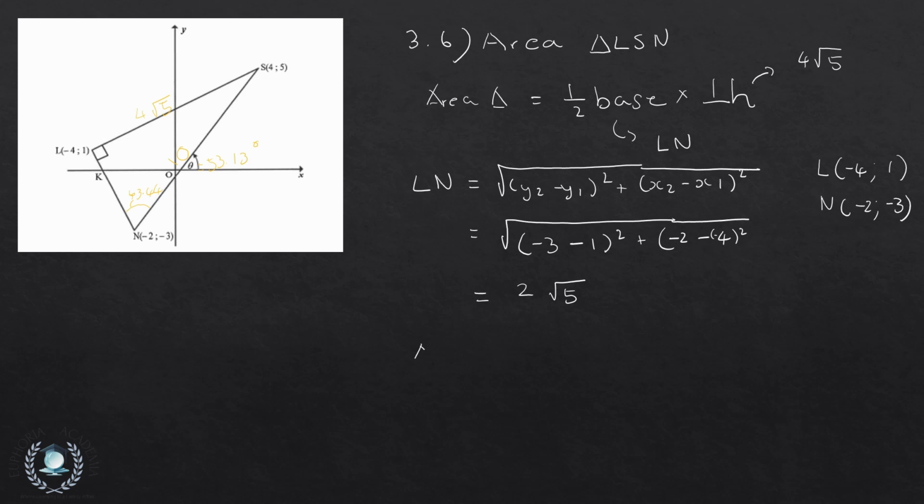Now substituting this into our area equation, area is equal to half base. Our base is 2 multiplied by the square root of 5. Our perpendicular height is 4 multiplied by the square root of 5. And we shall see that our answer will be 20. Our area will be 20 units squared.